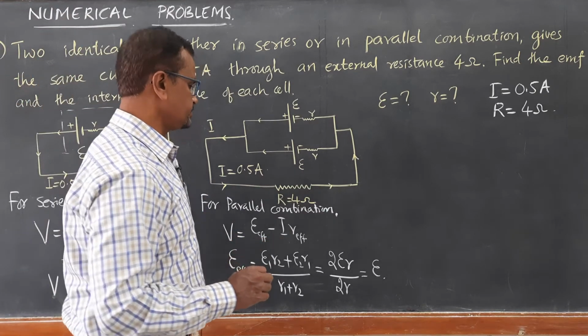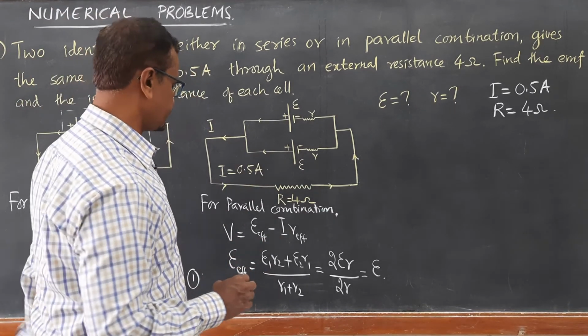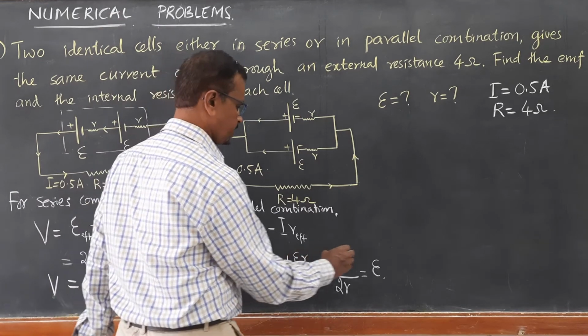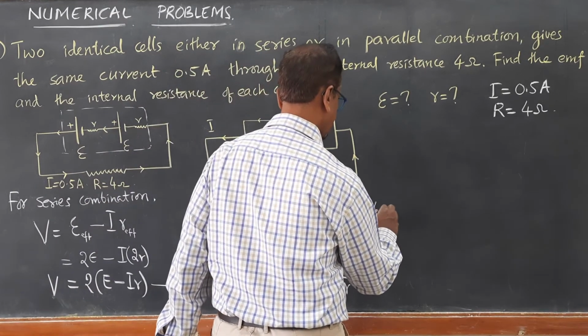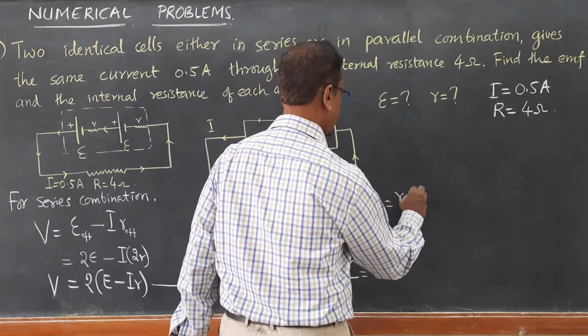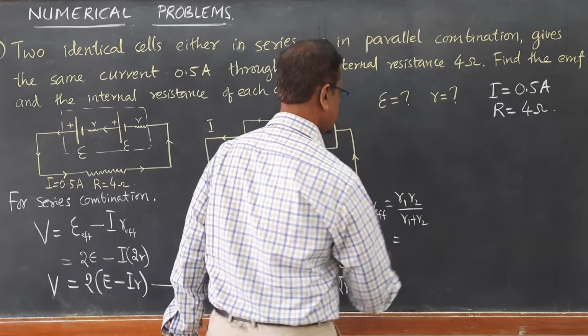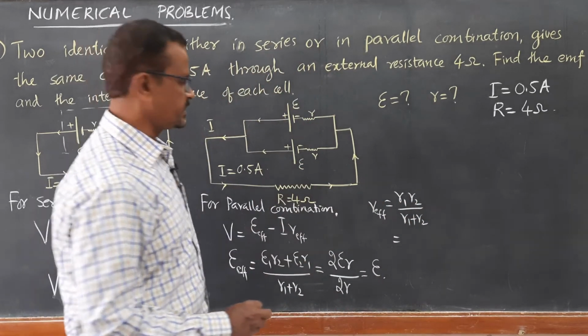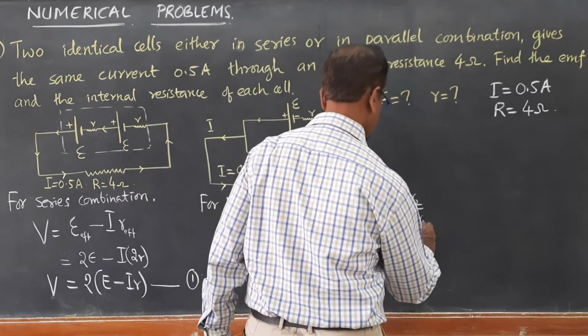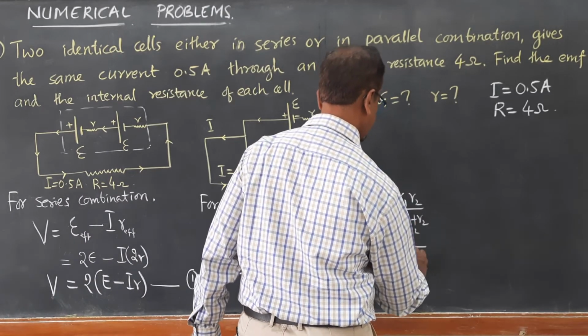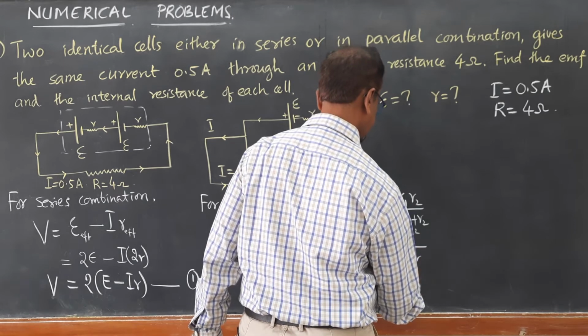Then R effective can also be found out. R effective is equal to R1 R2 by R1 plus R2. Both the values are the same here. So, R into R becomes R square divided by R plus R, 2R. So, one R cancels.